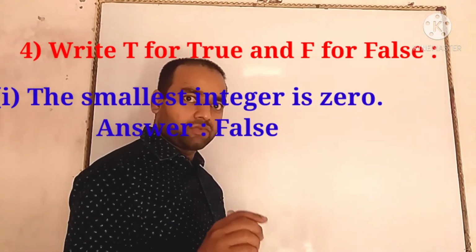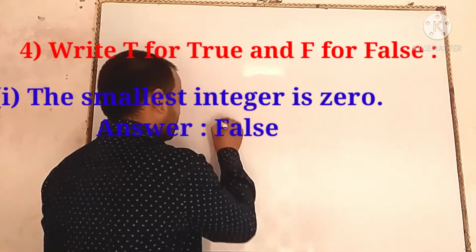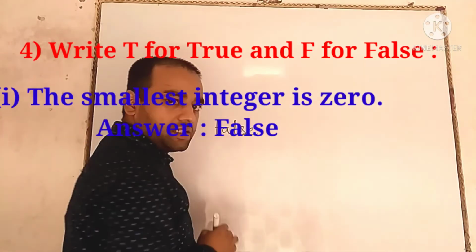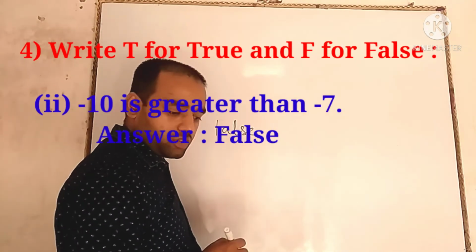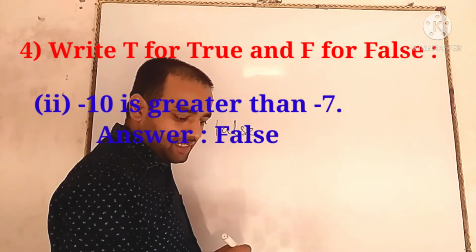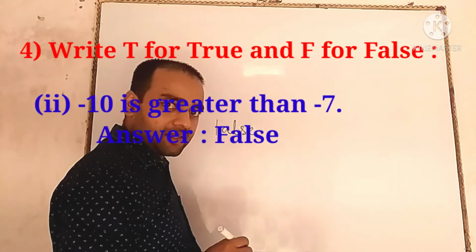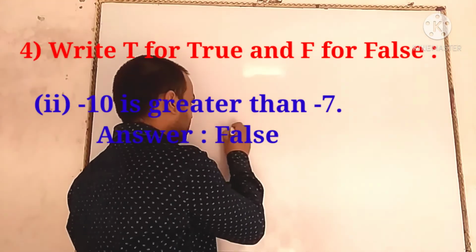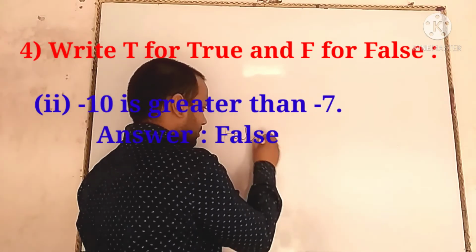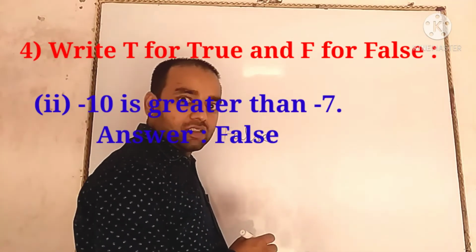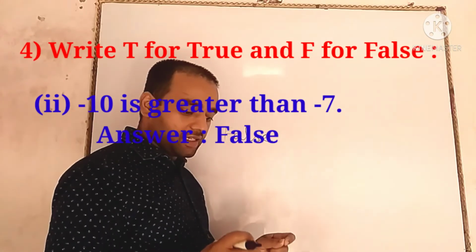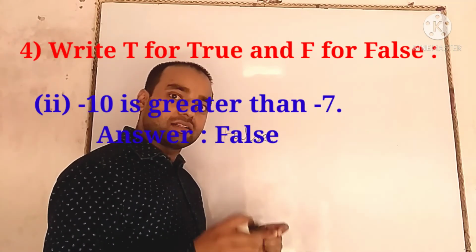This is a false statement. Is it clear? In the second statement, minus 10 is greater than minus 7. So this statement is also false. Is it clear? We can say minus 10 is less than minus 7.